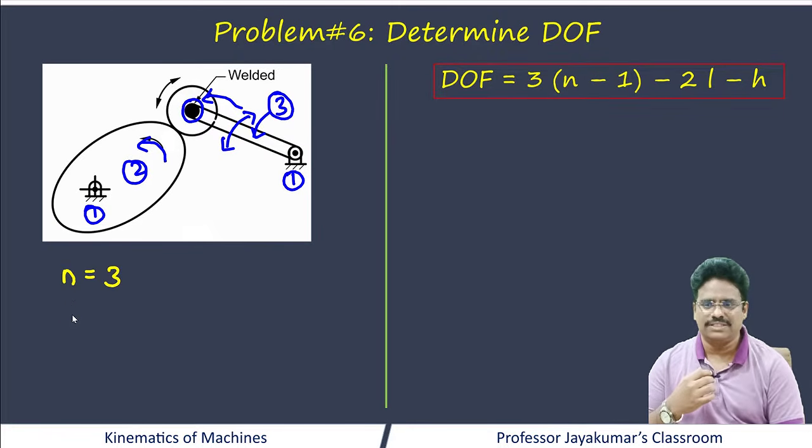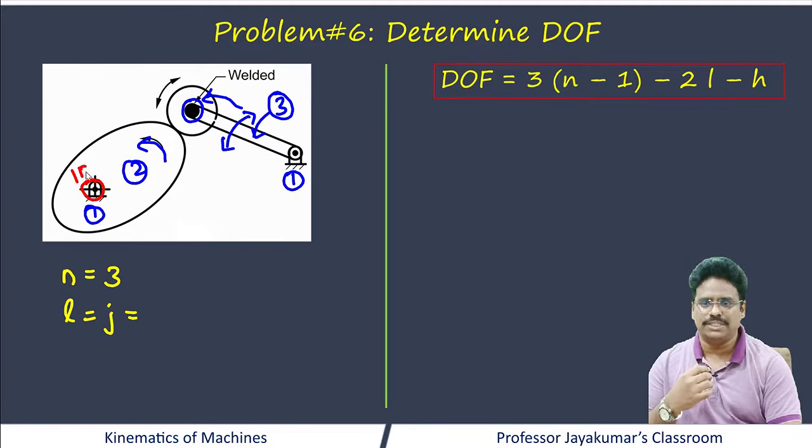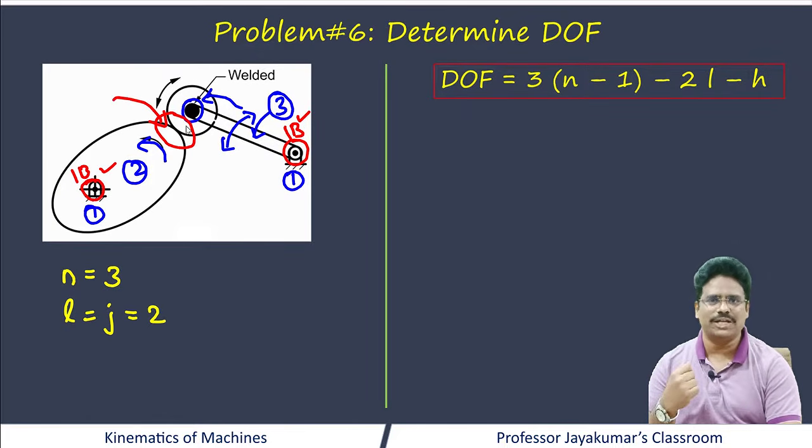Now let us find the number of binary joints. So here we will have one binary. Here we will have one binary. Since it's welded, we will not have a binary here. So we have only 2 binaries there. What is this type of joint?